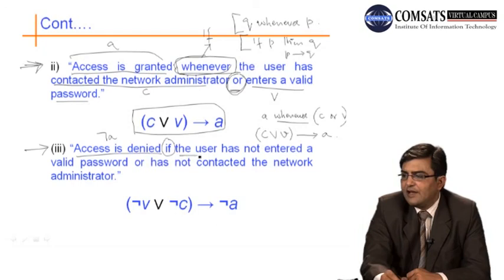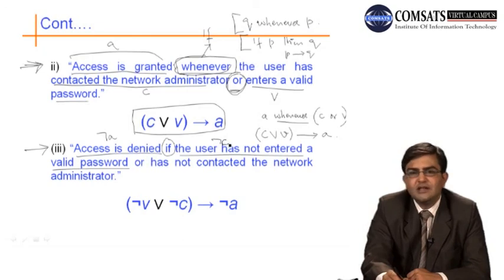Another statement: the user has not entered a valid password. Here we have another negation of a statement, which is the negation of C. And next we have a logical connective, or. Has not contacted the network administrator.